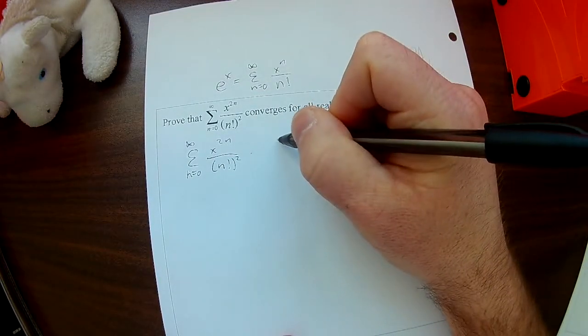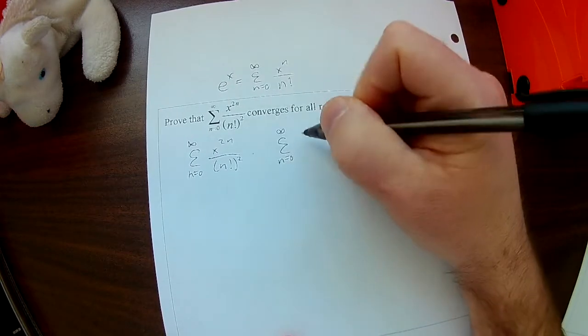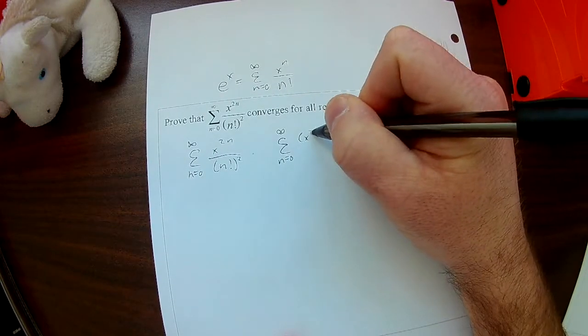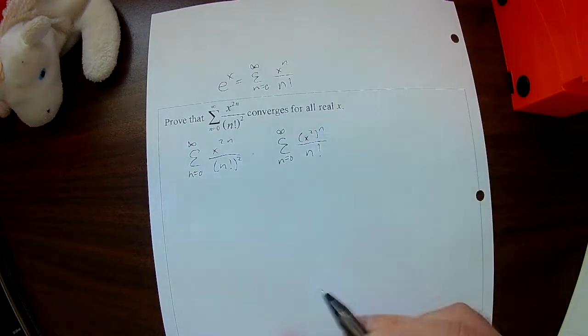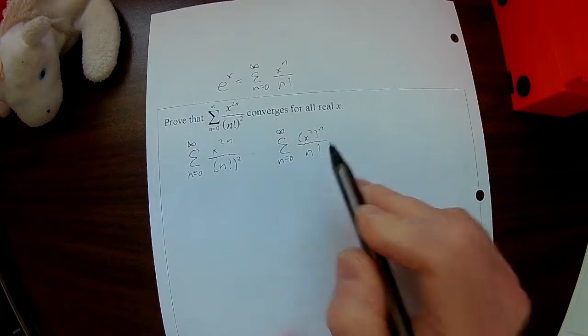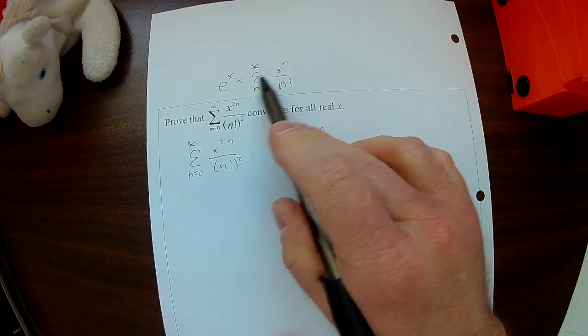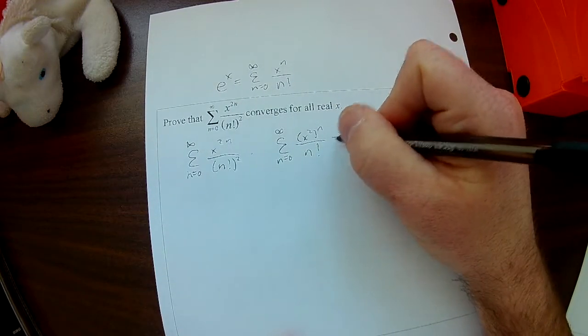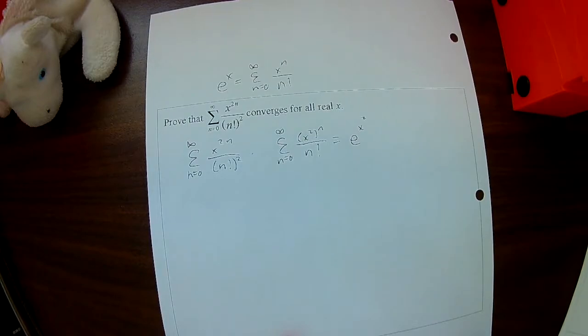Well, looking at this, I can write that as x squared to the n over n factorial. I know I did leave off that squared. That's going to come up here in just 1 second. But now this ends up being exactly this series, which is just e to the x squared.